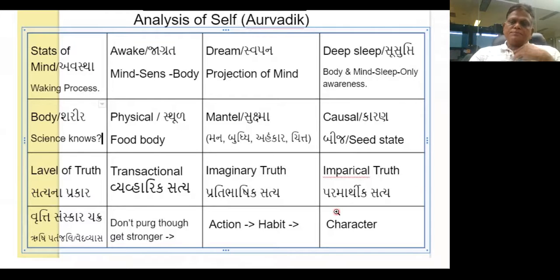Similarly, in the Vedas and Upanishads and in the Vritti Sanskar Chakra also, how our character gets built. Rishi Patanjali has mentioned in the Vritti Sanskar Chakra that when we look at the outside world, the outside object triggers a thought in our mind.